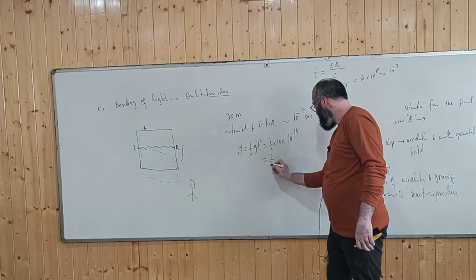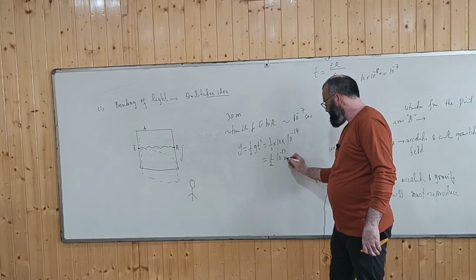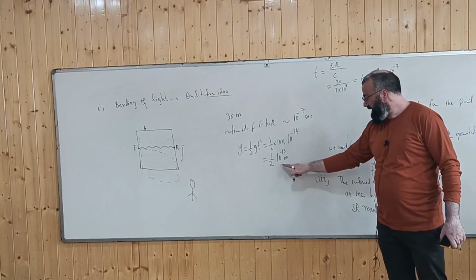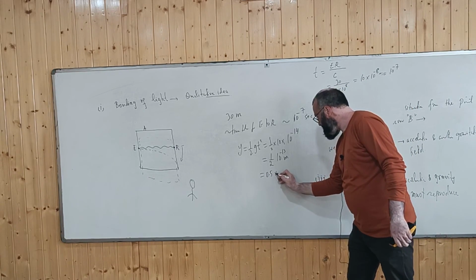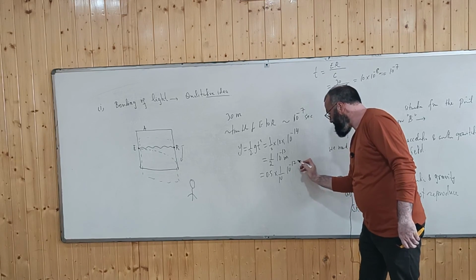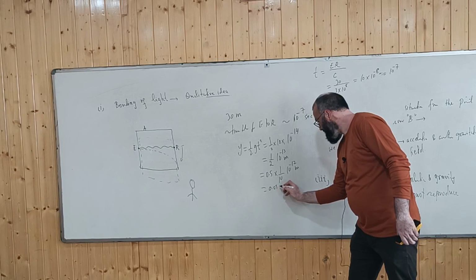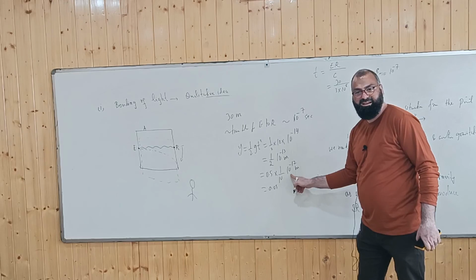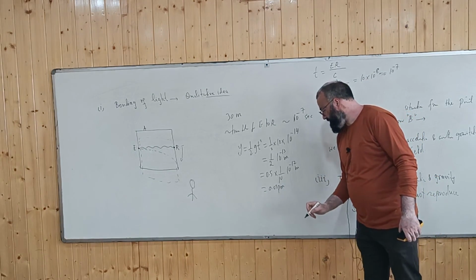So half of 10 times 10 raised to minus 14 is 0.5 into 10 raised to minus 12 meters. How much is that? 10 raised to minus 12 is a picometer.